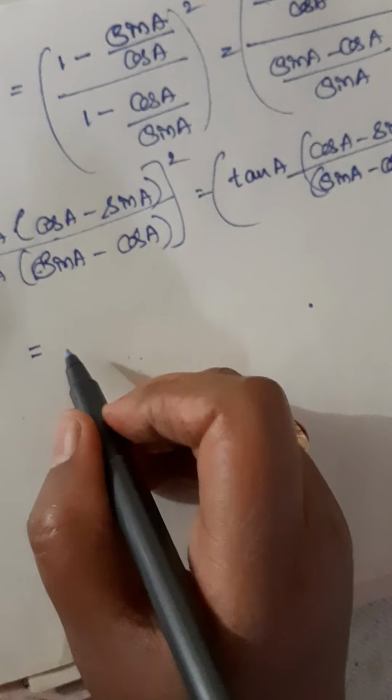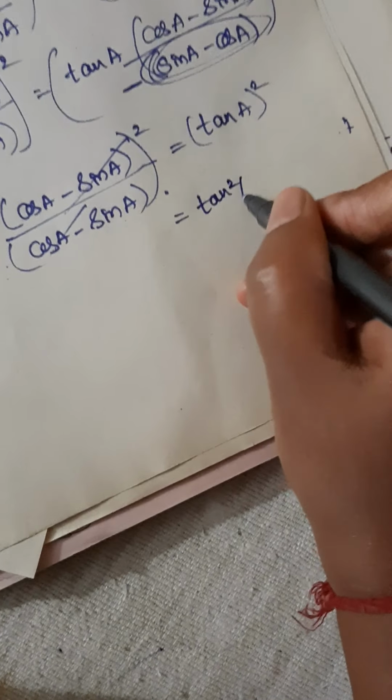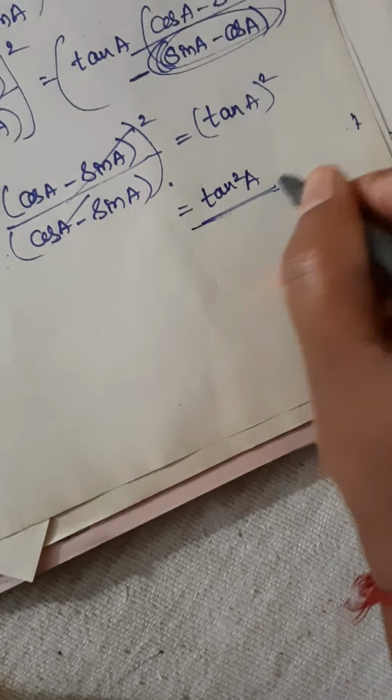In this bracket we take minus as common, so we get tan A times minus (cos A − sin A) over (cos A − sin A). So we cancel these things, the whole square is there, so automatically we will get (tan A)², that is tan²A. From the second side also we proved this one.